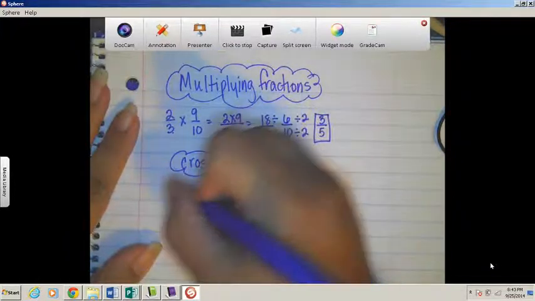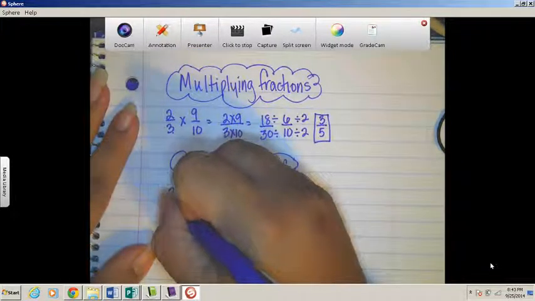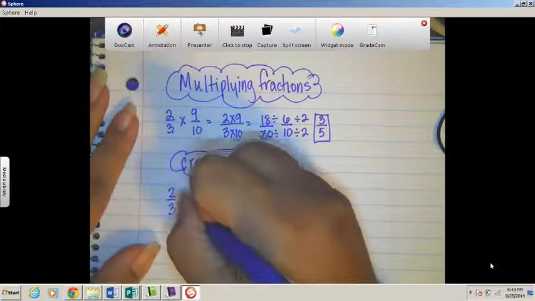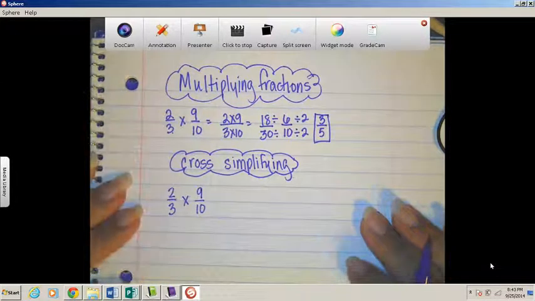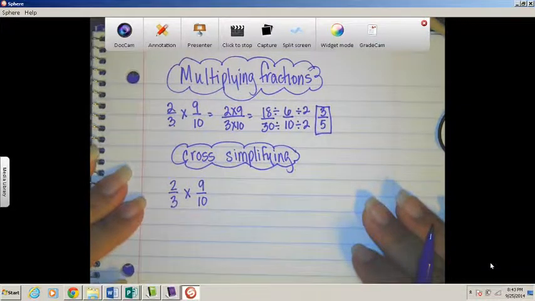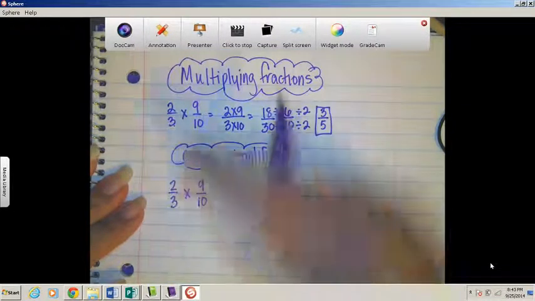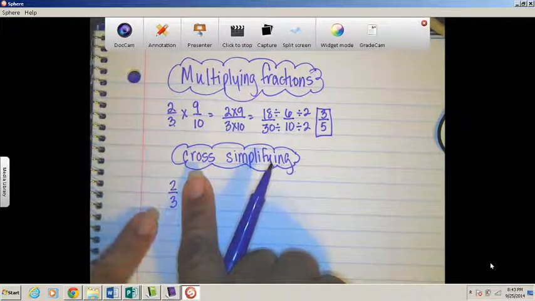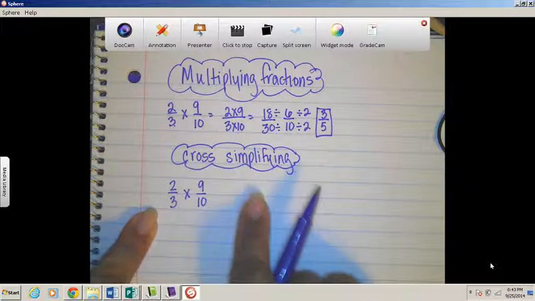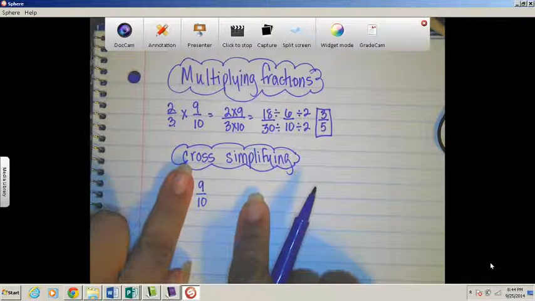For instance, we'll take the same problem, 2/3 times 9/10, and this time we're going to look at each fraction. 2/3 is already in its simplest form. 9/10 is already in its simplest form.